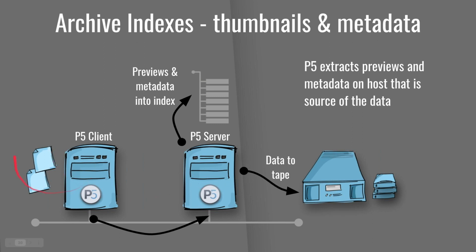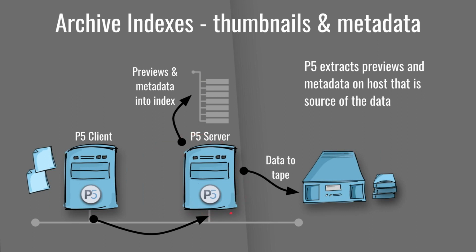Now, the P5 running on the client is where our FFmpeg and our ImageMagick scripts will run. Those tools will do their work on that client machine by default. So that's worth knowing. Also, if you've asked us to do encryption, we'll do the encryption on the P5 client, so it's encrypted data that will be traveling across to the P5 server.